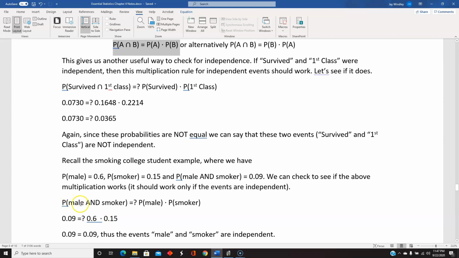Is the probability that someone is a male and a smoker the same as the probability that they're male times the probability that they're a smoker? We've been given all of these probabilities in the problem, and when we multiply 0.6 times 0.15, we do in fact get 0.09. So the probability that someone is male and a smoker is simply the product of these two probabilities. Whenever that multiplication works, that means the two events are independent.